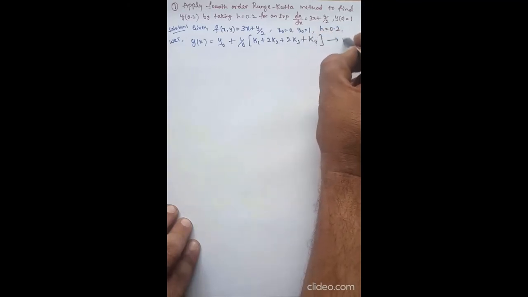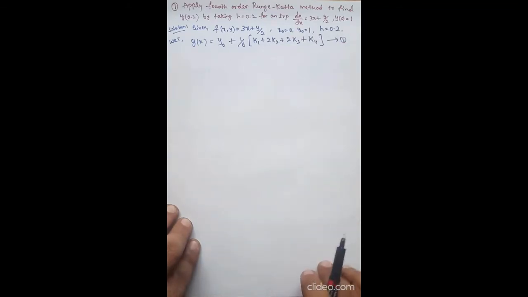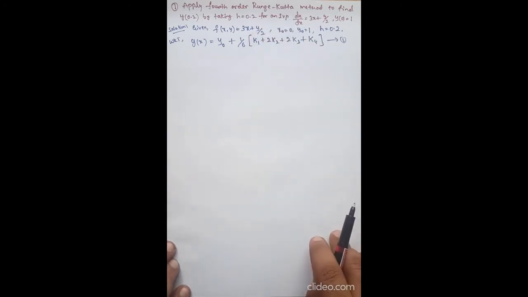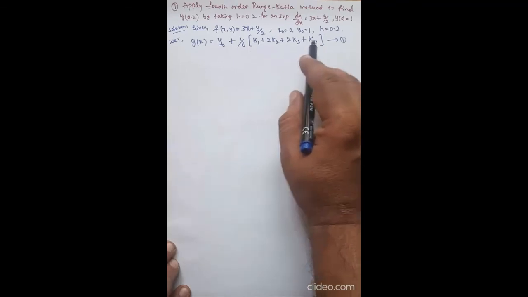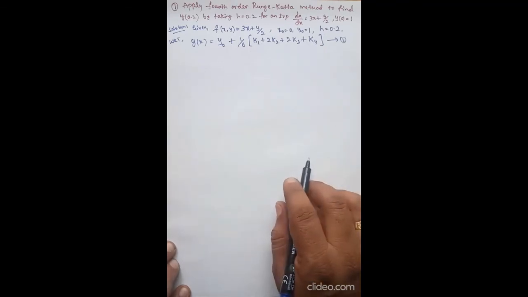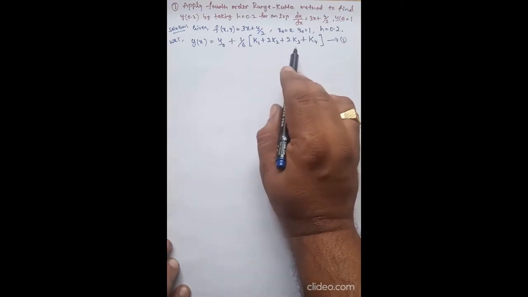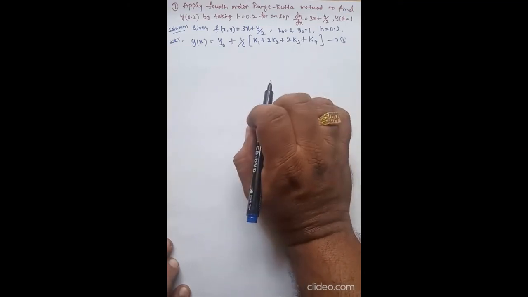So this I will call it as 1. This is the relation which calculates the approximate solution for a problem in case of RKM, Runge-Kutta method. See here this k1, k2, k3, k4 are the parameters. So if you find the values of those parameters and substitute, we get the final solution.